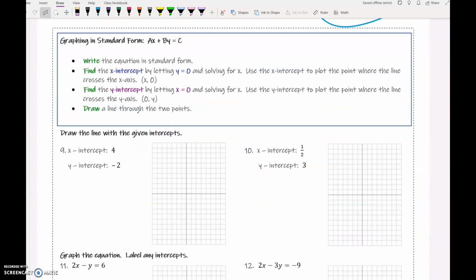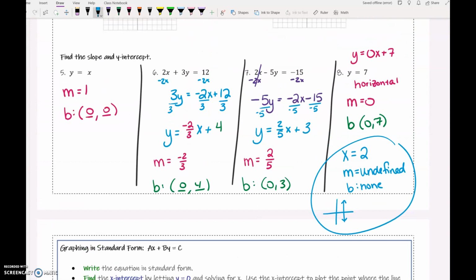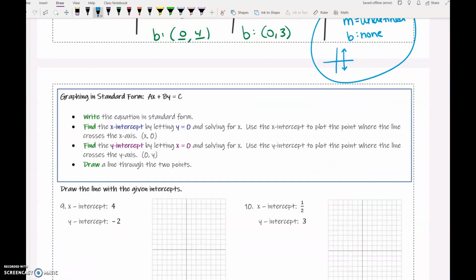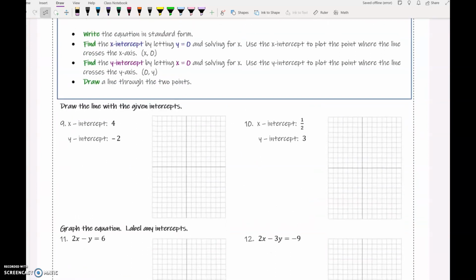Now, what if you got something like number 6 and you wanted to graph it, but you didn't want to get it into slope-intercept form? There is a way to graph it when it looks like 2x plus 3y equals 12. You need to know how to graph using the x-intercepts and the y-intercepts. So in number 9, the x-intercept is 4.